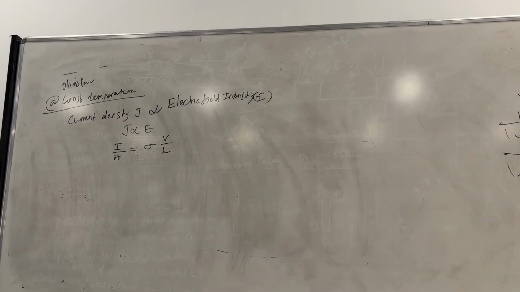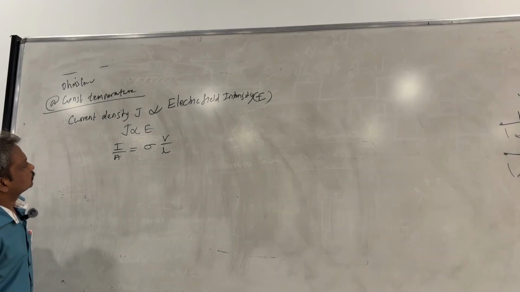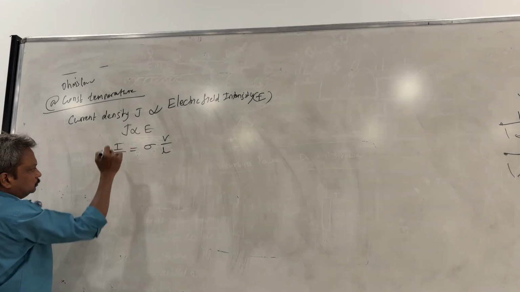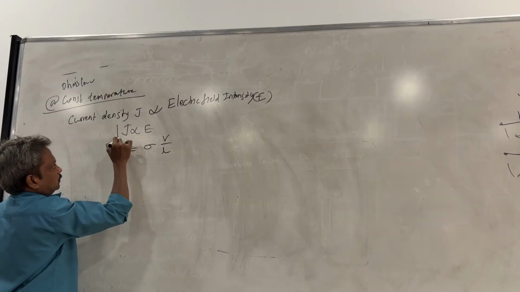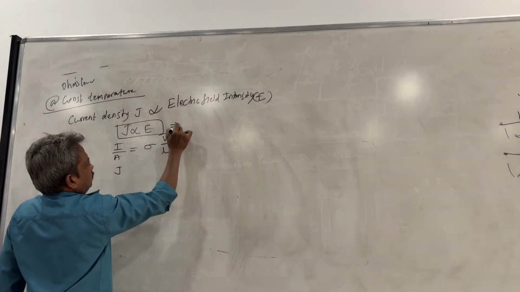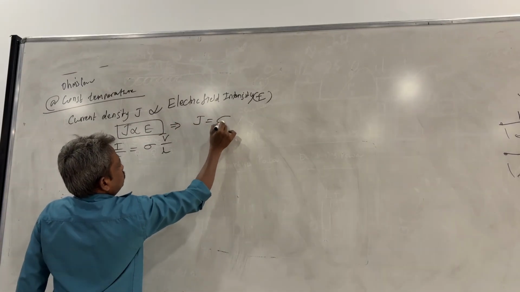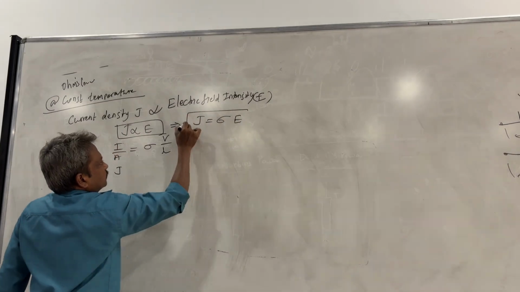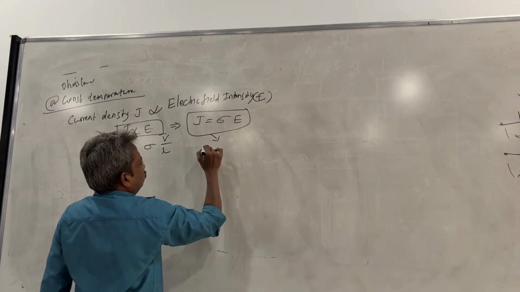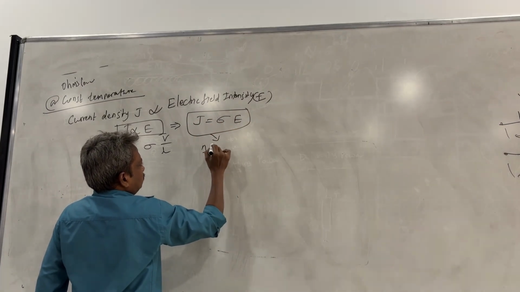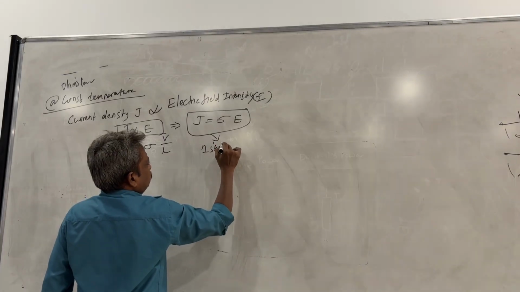You would have studied in school level, right? Can you remember? Okay. J is equal to sigma E. This is called the first form of Ohm's law.